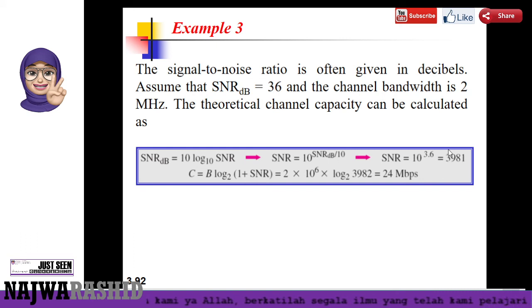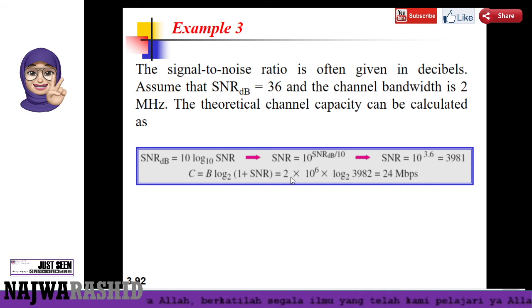It's equal to 10 power of 3.6, which is equivalent to 3,981. Then for C, the bandwidth is 2 megahertz, times log base 2 of 1 plus SNR.